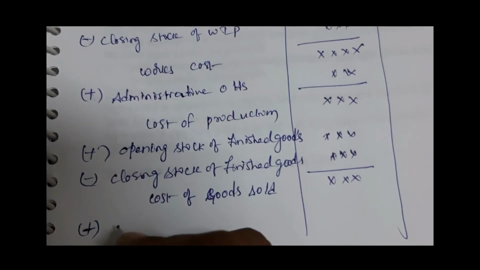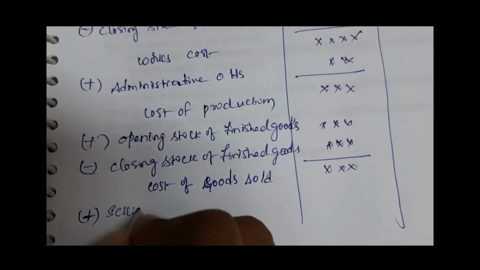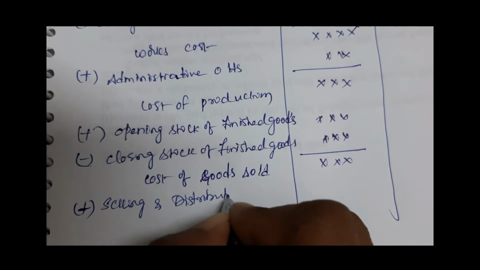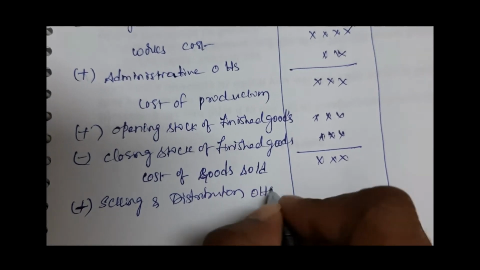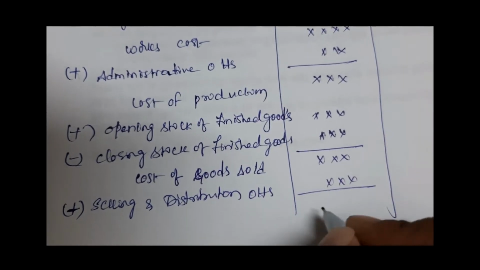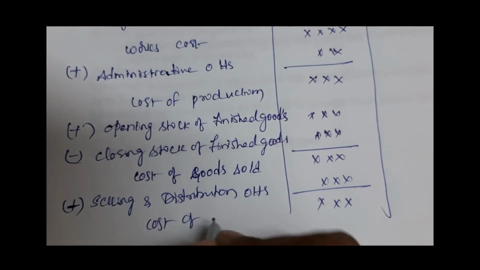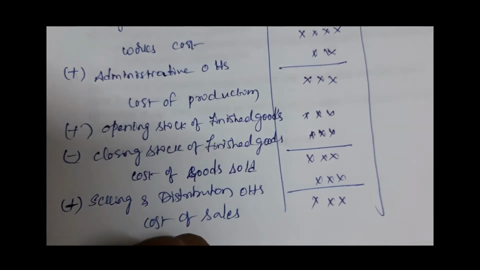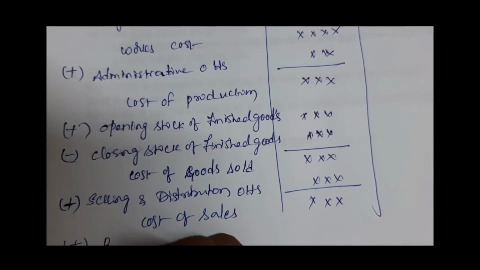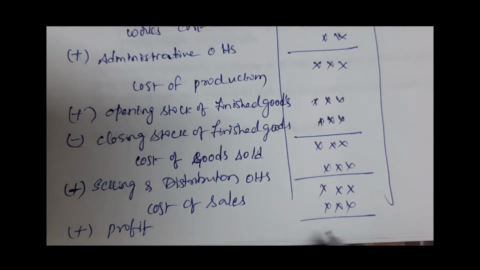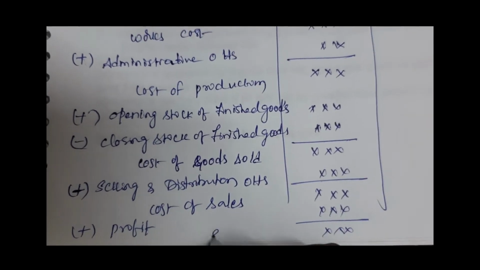And to this we should add selling and distribution overheads to get cost of sales, and to this you can add the profit so that we will get sales.